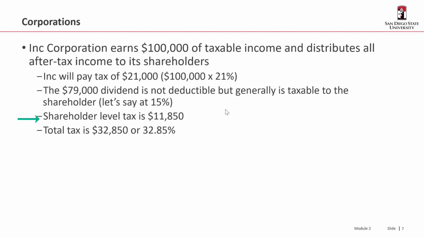Now, that dividend isn't deductible, as we've learned, but it is, of course, taxable to the shareholder. And just for ease's sake, let's say shareholders are taxed in the 15% category. That means the shareholder level tax is $11,850. And so you can see, even though corporate tax is 21%, the total tax on corporate earnings is 32.85%.